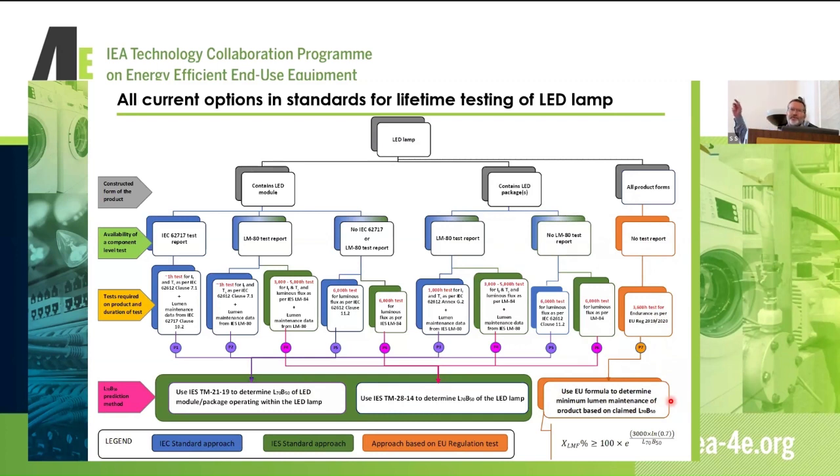But then we look at the claimed lifetime, and we do a calculation and say, well, for that claimed lifetime, after 3,000 hours of operation, what should its lumen maintenance be? And if those two correlate and relate to each other, then it passes. So it's not doing a full lifetime test, but it's checking, if you like, the validity or the confidence in the packaged information.